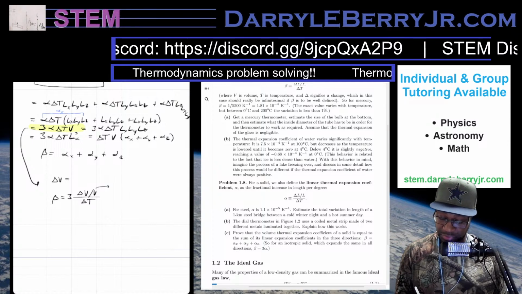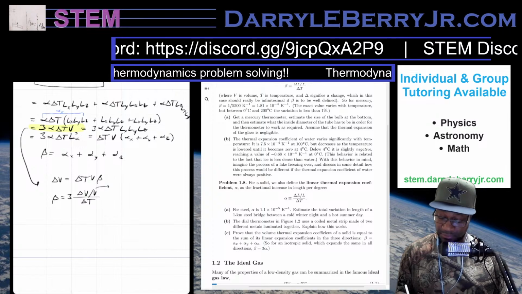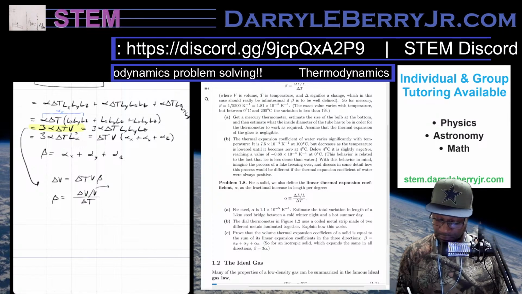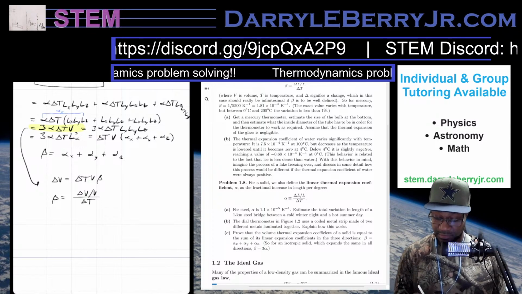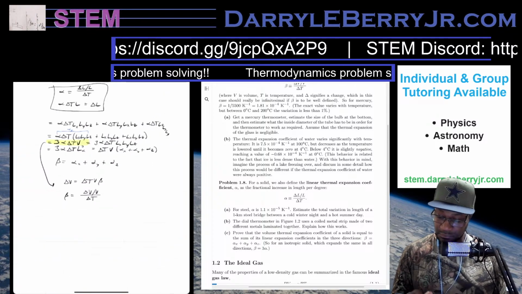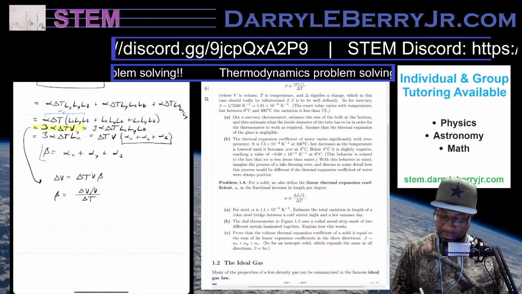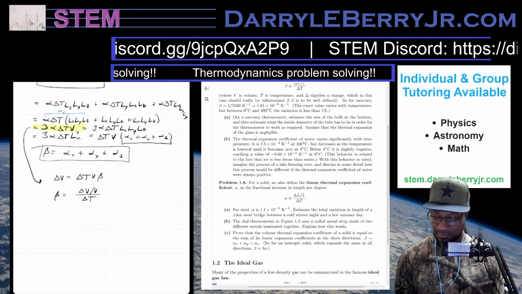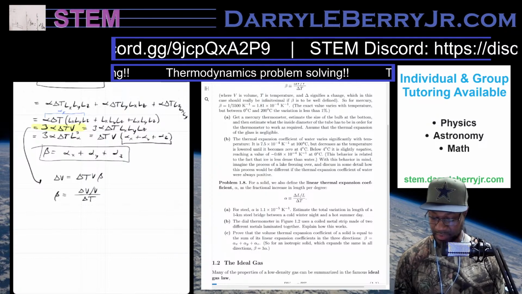So we can actually go change in V equals change in T V, and beta equals this, taking alpha and making beta those three alphas. Now we have the same answer the book has.